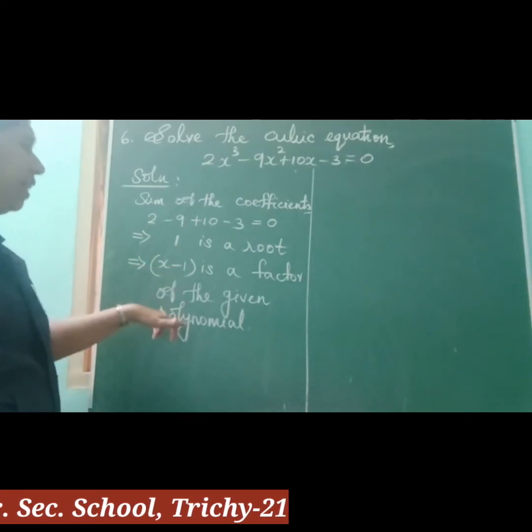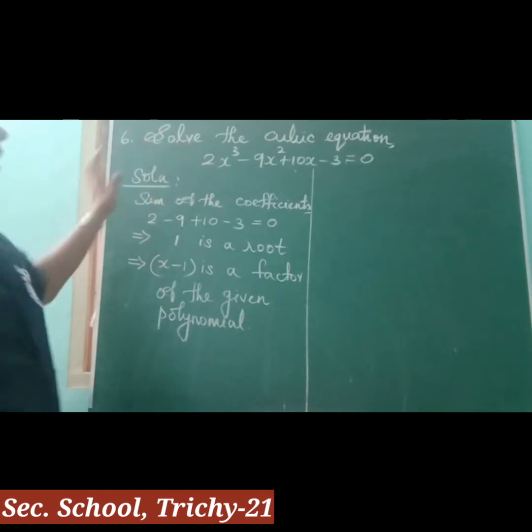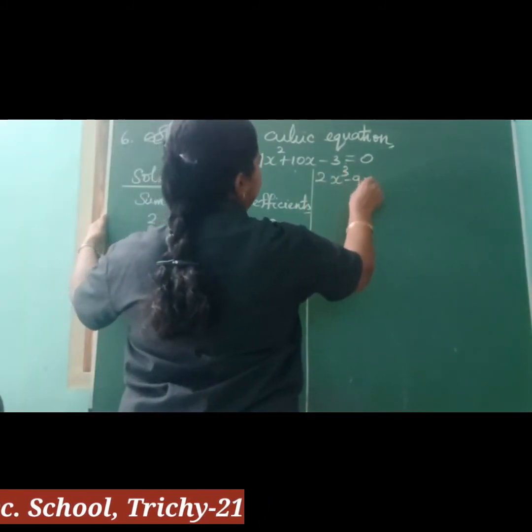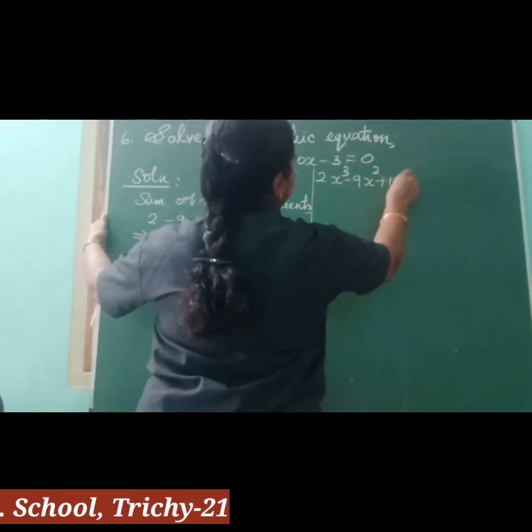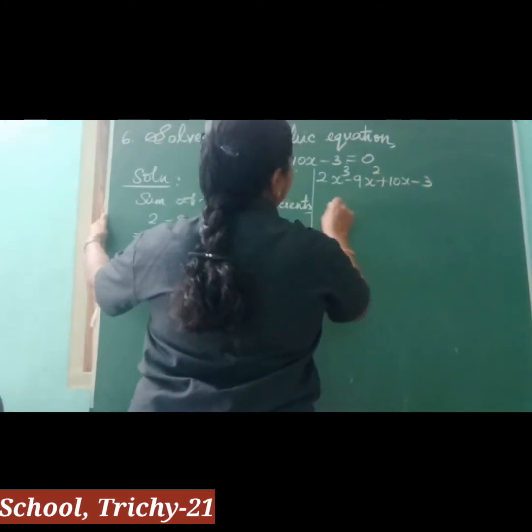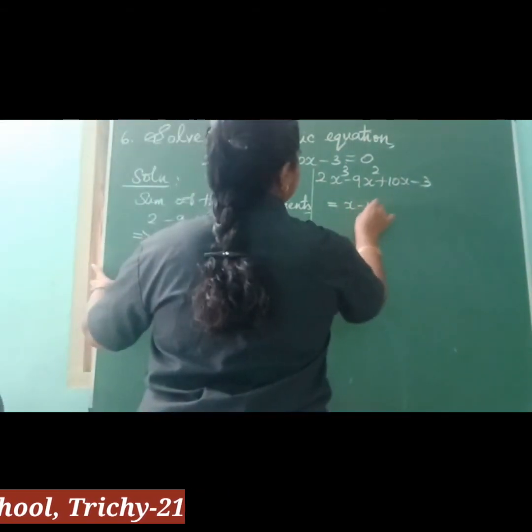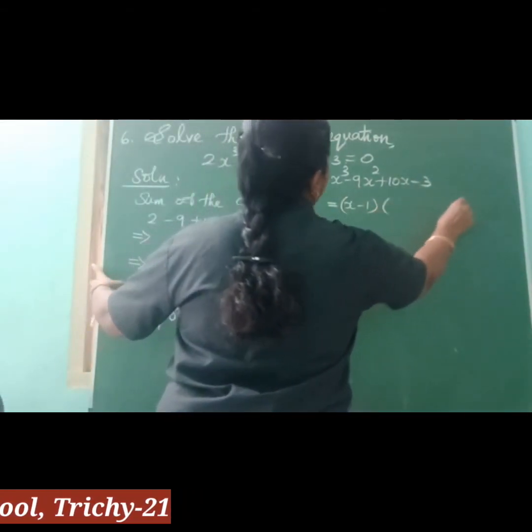So if x minus 1 is the factor, we can write the given equation 2x cube minus 9x square plus 10x minus 3 is equal to, one of the factors is x minus 1 into the other one.